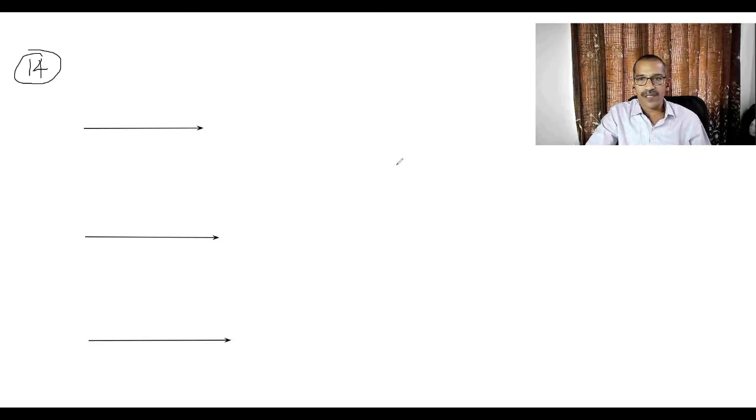See, initially the velocity given is in this direction, from this point.